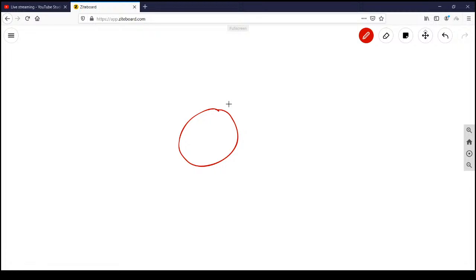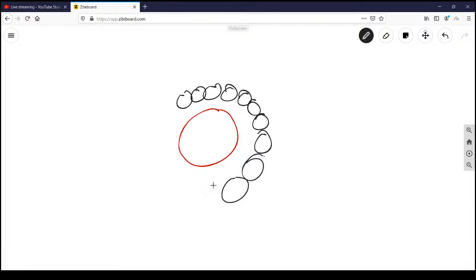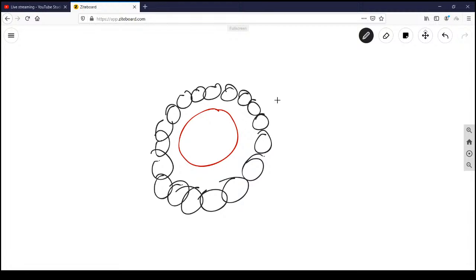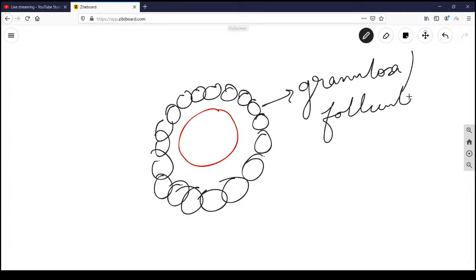This is the oocyte, and it will be invested with a complete layer of granulosa or follicular cells.